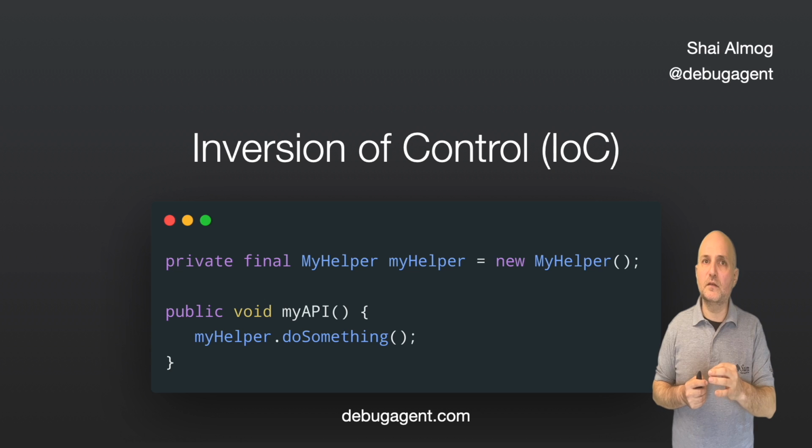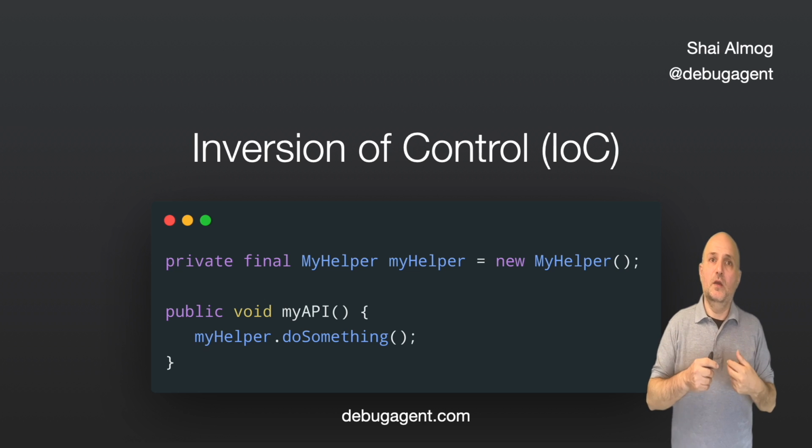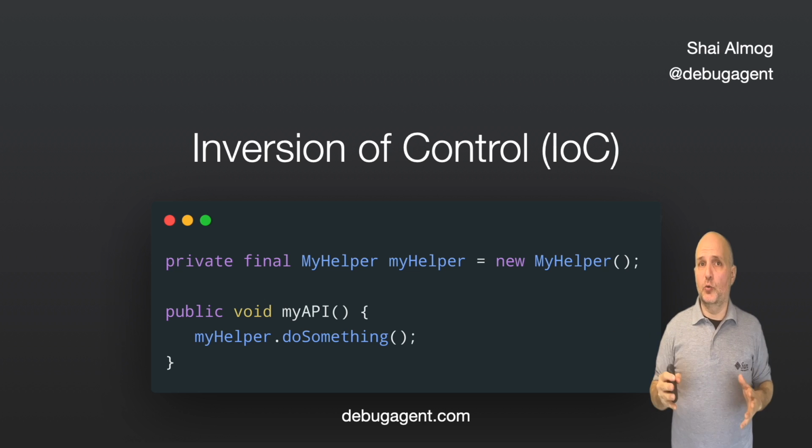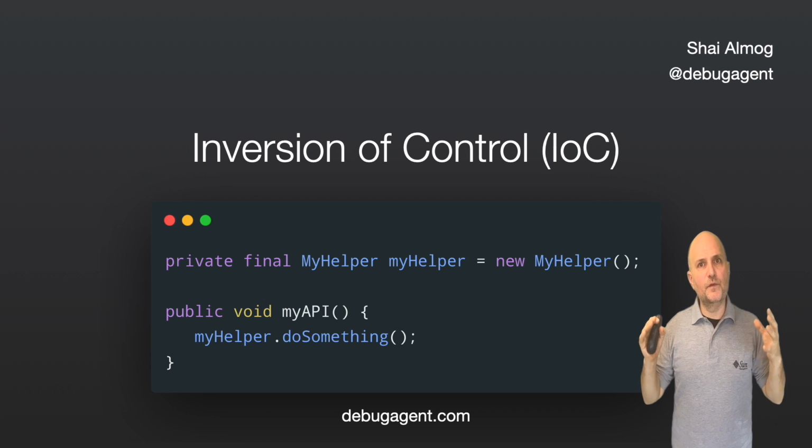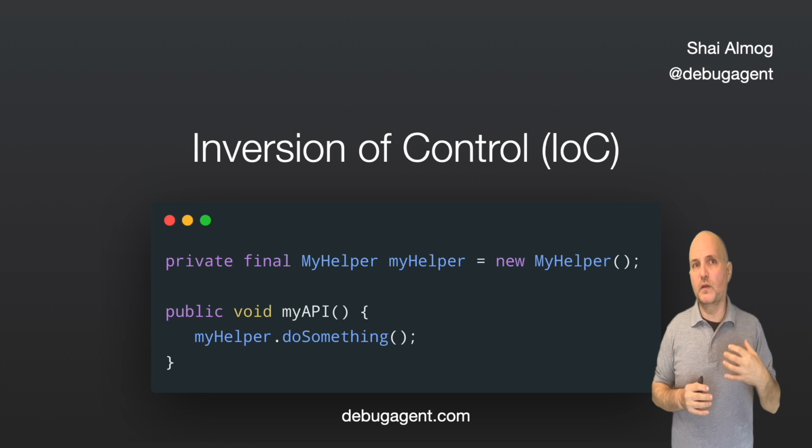To understand it, let's look at this typical Java code that one would write daily. There's nothing wrong with this code. It's good code. However, it limits your ability to do things. One of the big values in object-oriented programming is the ability to inherit and extend.